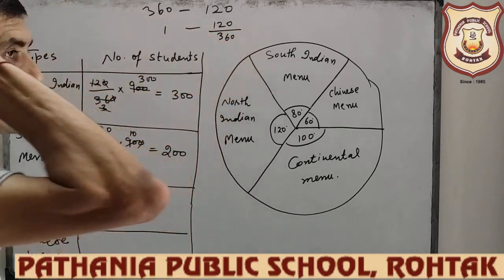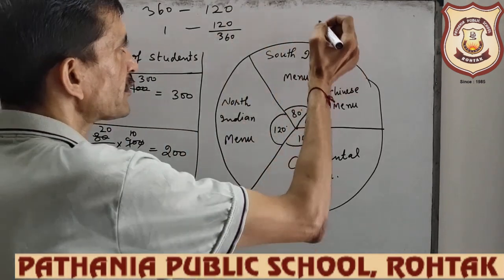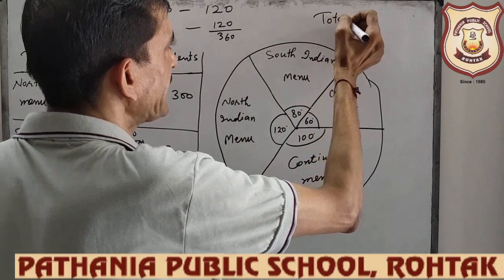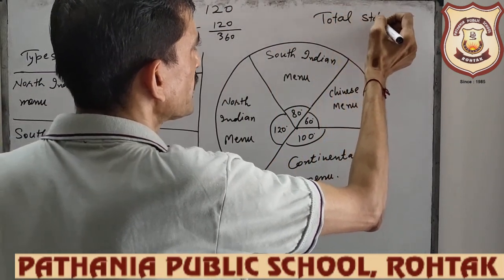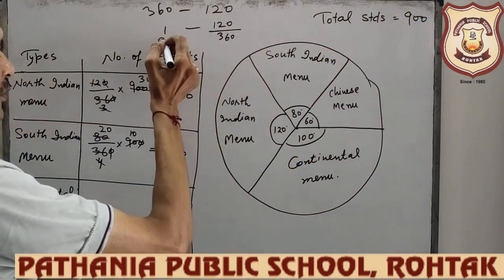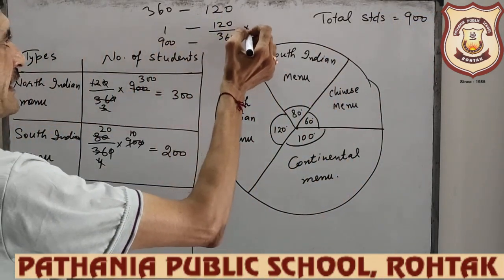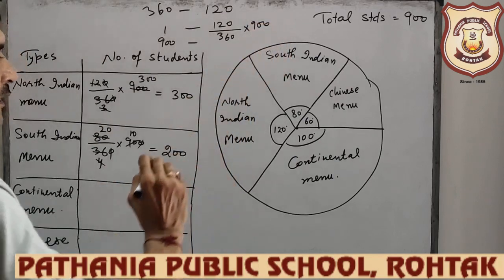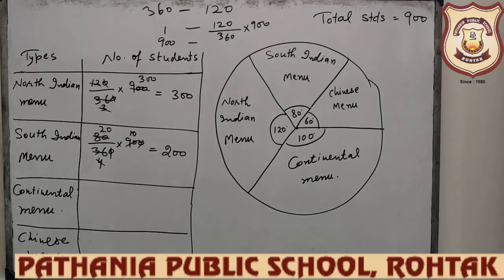And the total number of students is given. In this, the total number of students is 900. So out of 900, how many like it? So into 900. But what is the difference here?